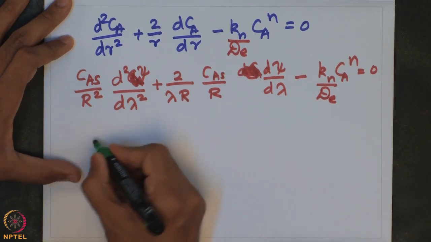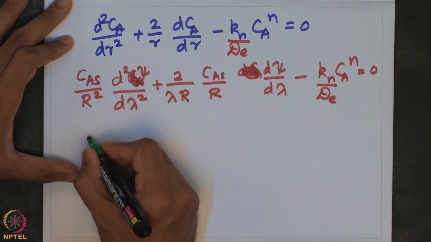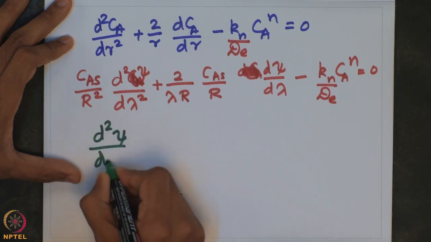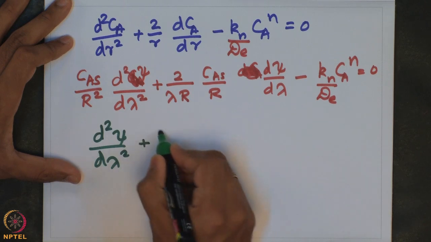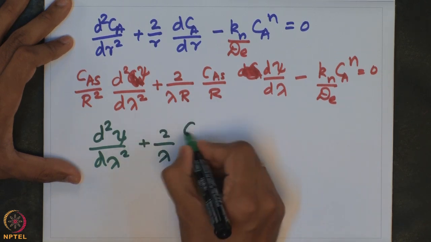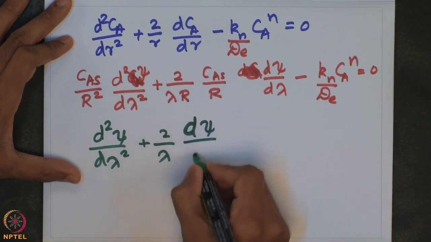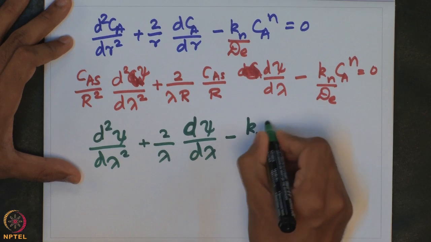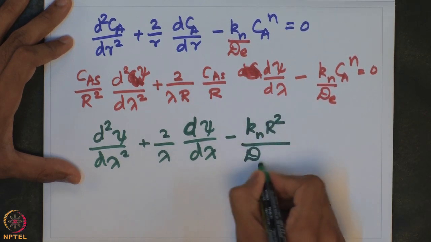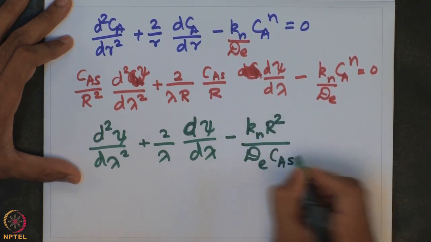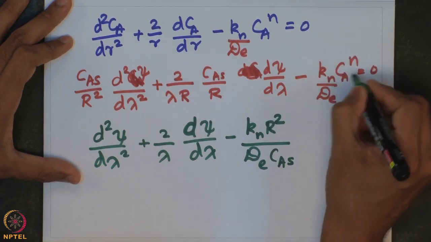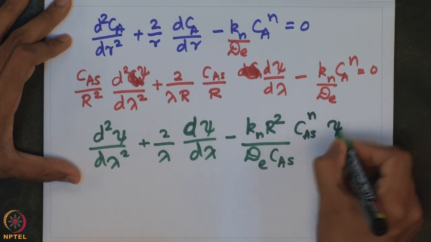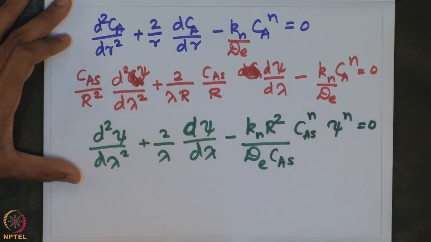So, therefore, we can rewrite this expression as d square psi by d lambda square plus 2 by lambda into d psi by d lambda minus Kn R square divided by dE into Cas, and we can also now write Ca to the power of n in terms of the new variable. So that will be Cas to the power of n into psi to the power of n equal to 0.